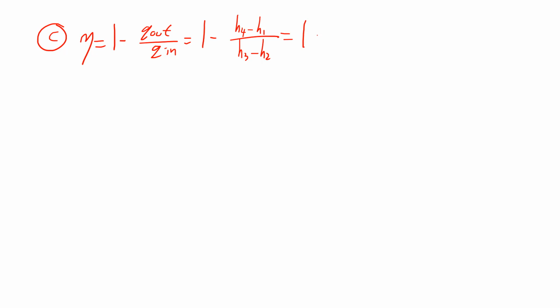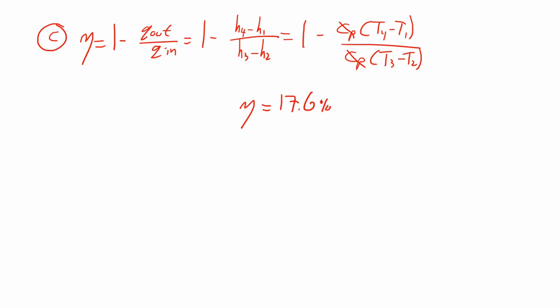I can factor out Cp delta T, since I'm assuming constant specific heat evaluated at room temperature. That also allows me to cross out the Cps to get my efficiency completely in terms of temperature, and I can go ahead and solve this and get that the efficiency of this cycle is 17.6%.